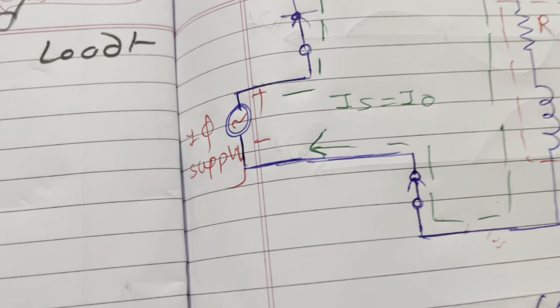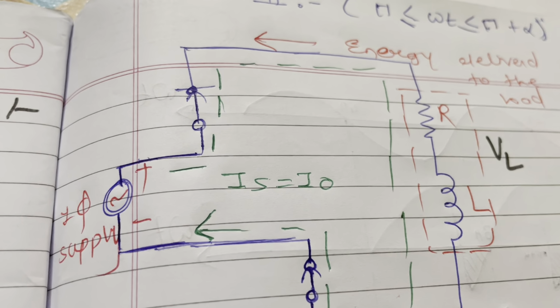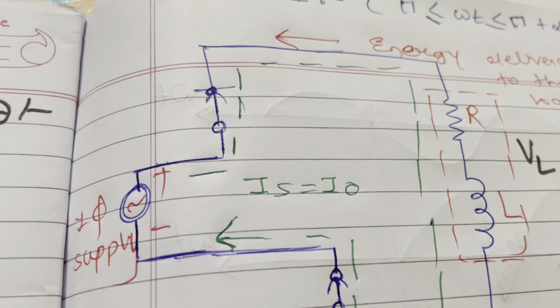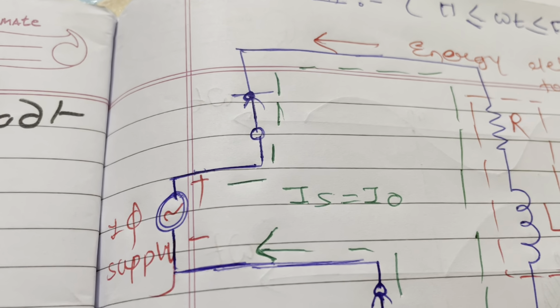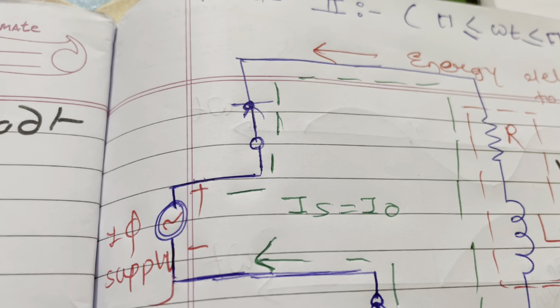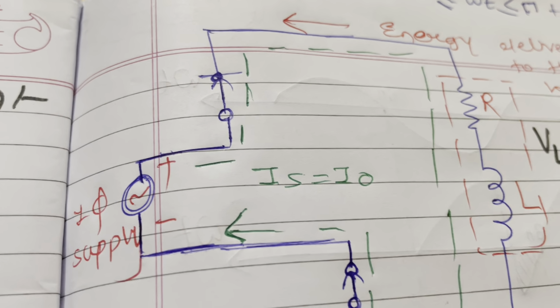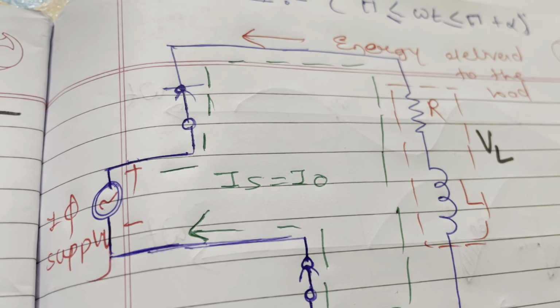After storing the energy in the inductor, the energy is delivered to the load, and therefore the load acts as a source, and the stored energy in the inductance is returned back to the AC supply.